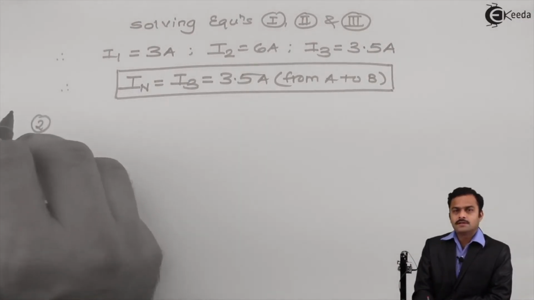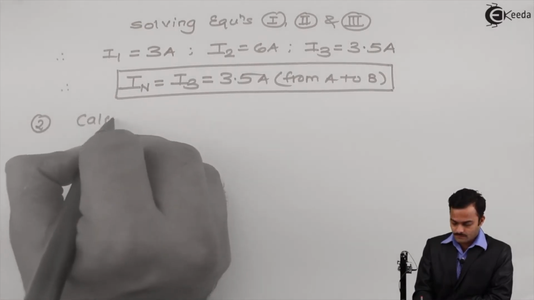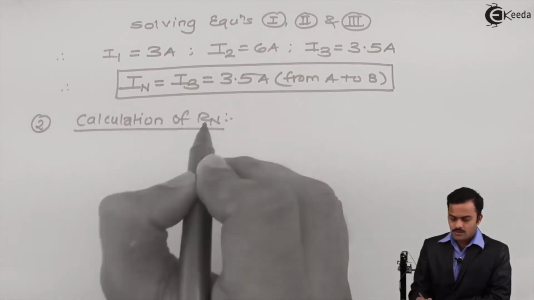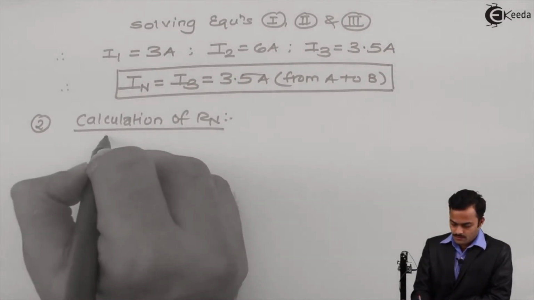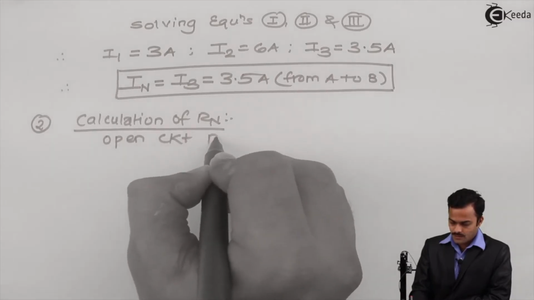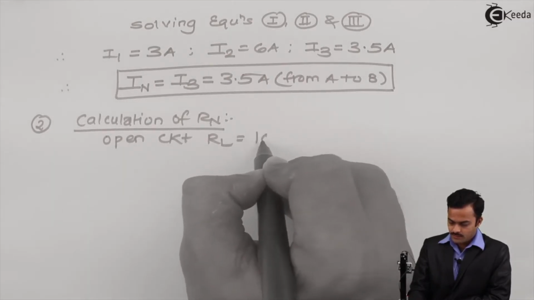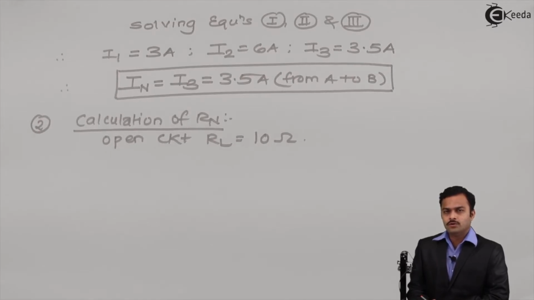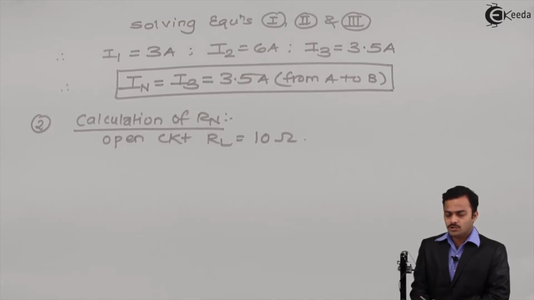Step number 2, calculation of Rn. What we need to do? We need to open circuit or remove RL, which is 10 ohm in our case. Wherever a current source is present, we need to replace it by an open circuit, and a voltage source should be replaced by a short circuit.